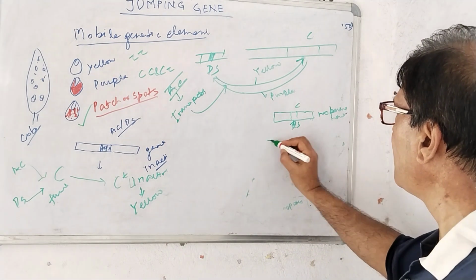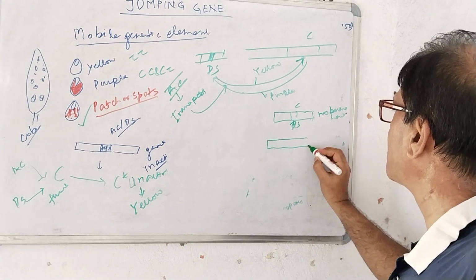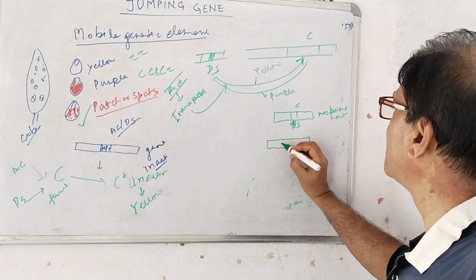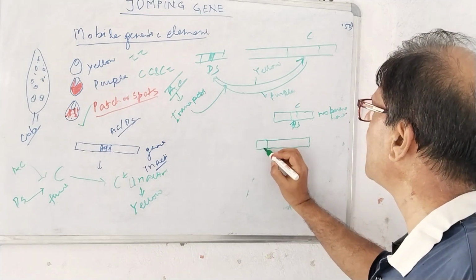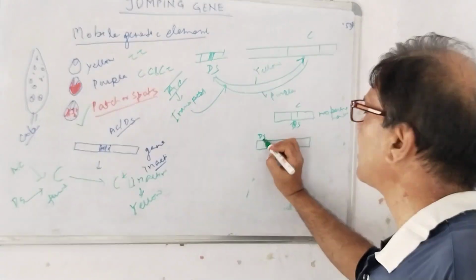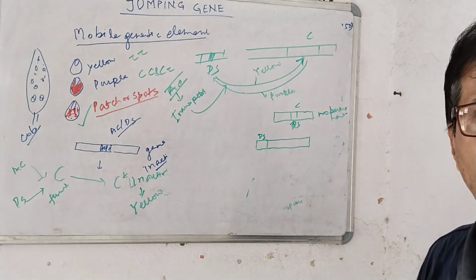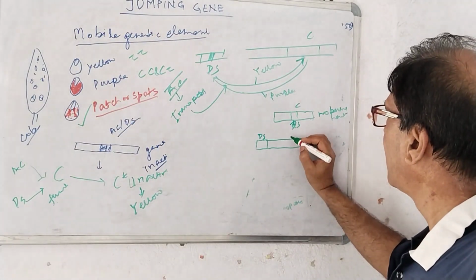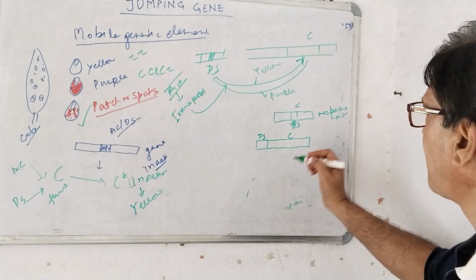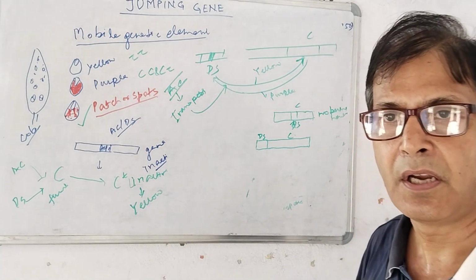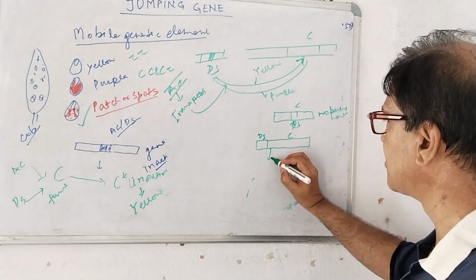But there are two sites of integration of this DS element. If the DS element is attached here, ahead of this, in front of this C gene, it will cause chromosomal breakage.